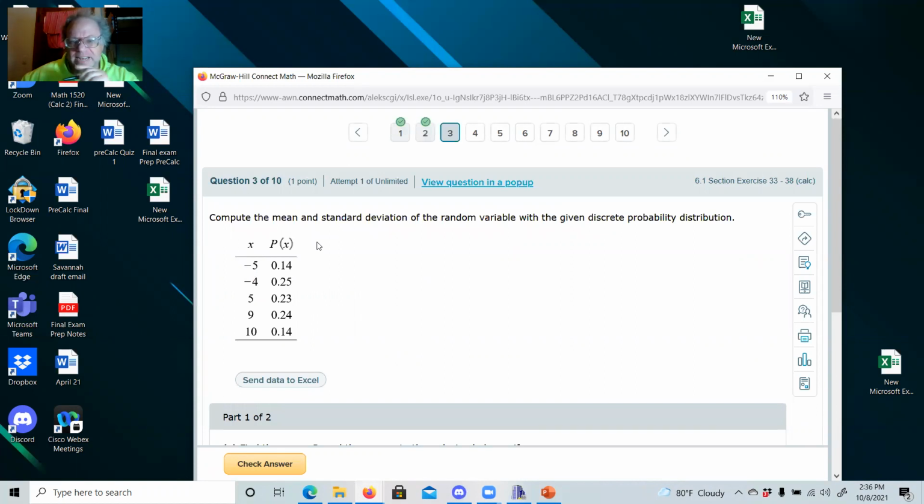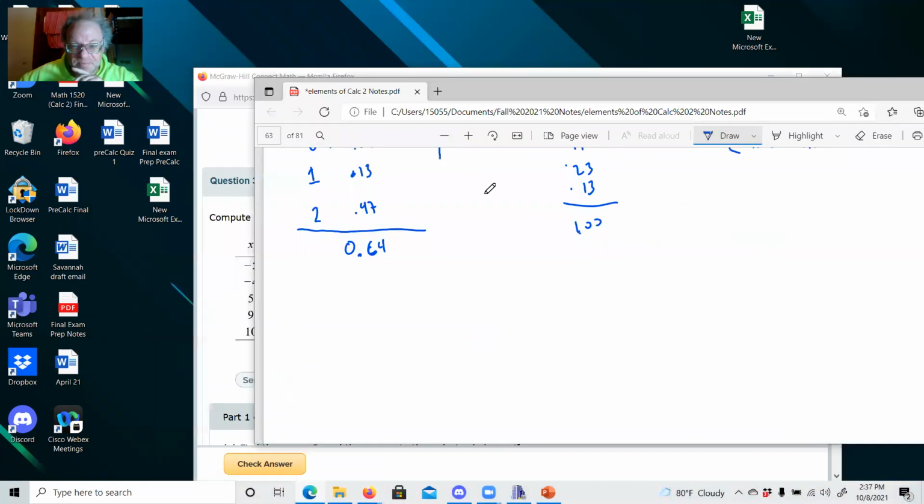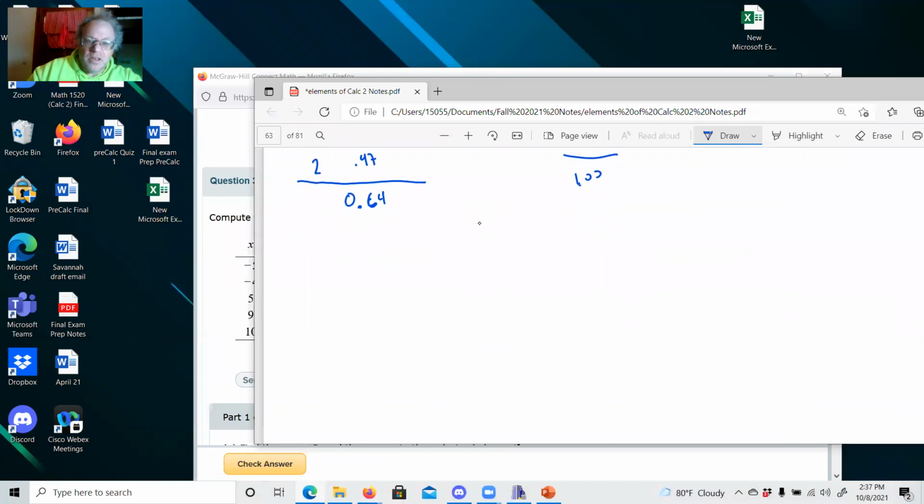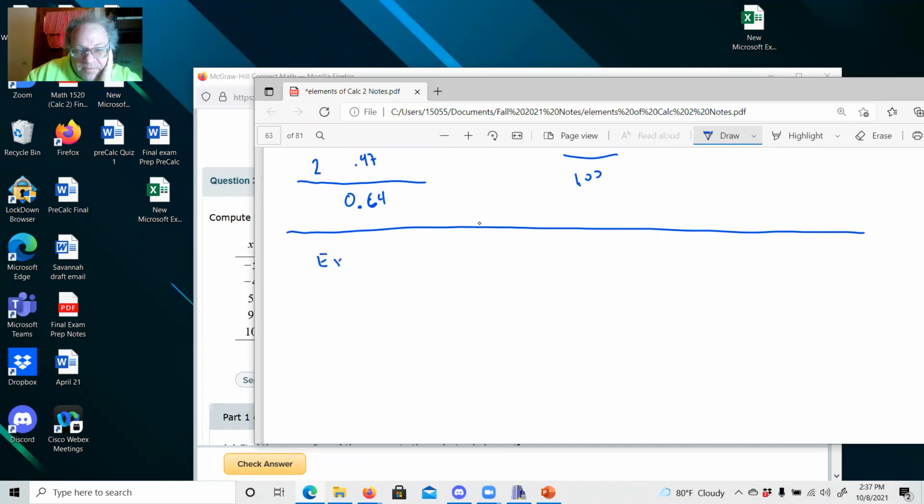Okay, compute the mean and standard deviation of the random variable given the discrete distribution. This one is going to be a little bit more involved. So first things first, expected value. Expected value is simply the sum.